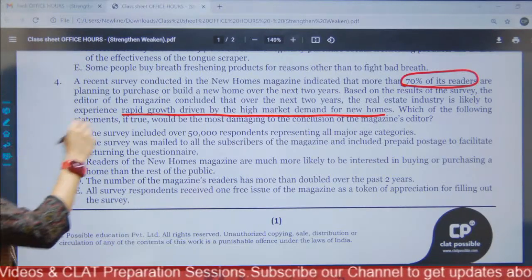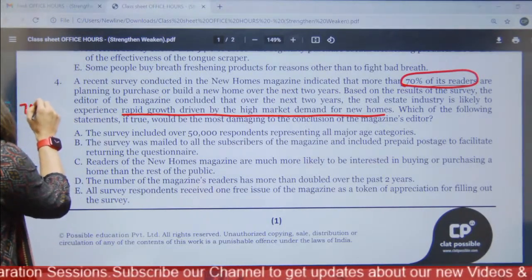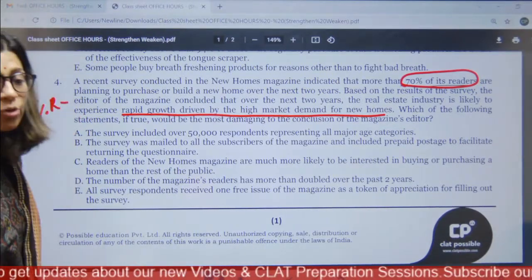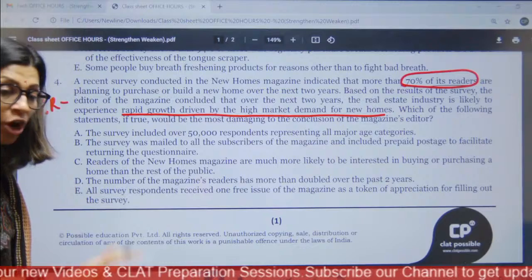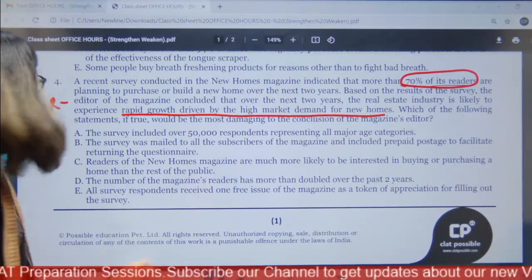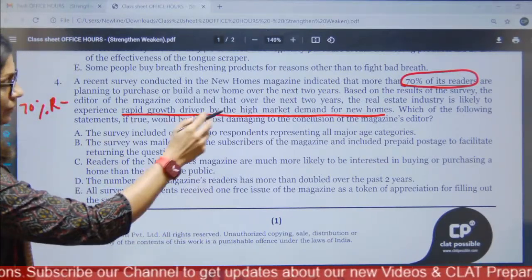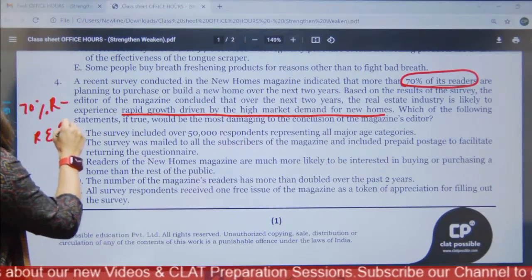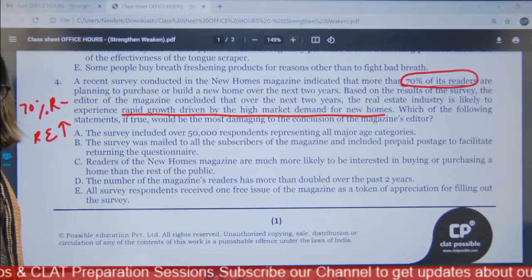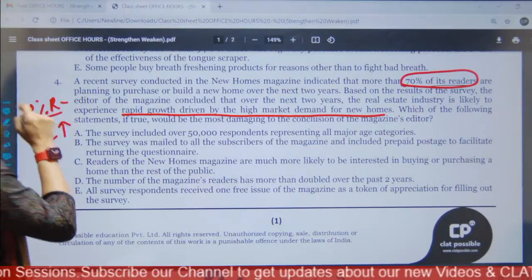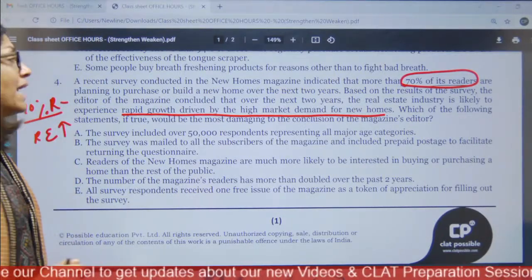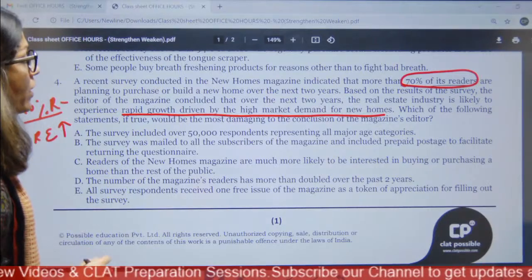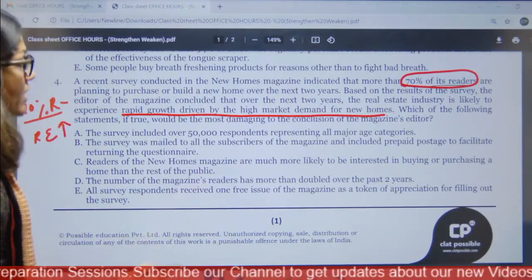So the author says that 70% of readers of this magazine are planning to buy. Ek to planning. Have not even bought, are planning. Therefore, real estate is likely to jump up. So tell me, what is this small sample? Let's assume that this is about a city, if not a state.